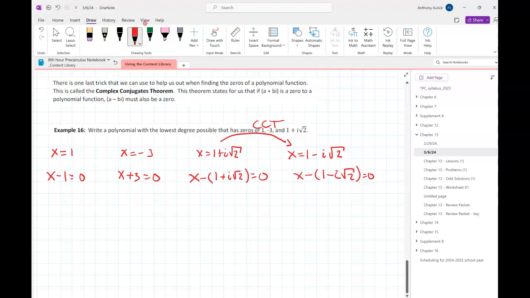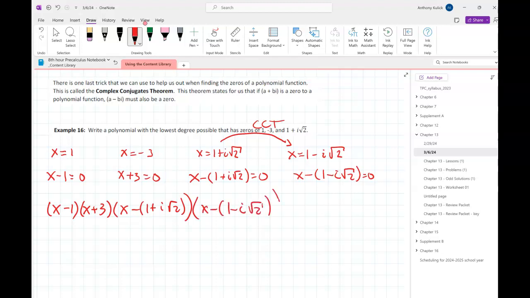But you see what I did though, right? Okay. Now I'm going to just multiply all 4 of them together. Since they all are equal to 0, if I multiply them together, they're still going to equal 0, right? And I know that the product of polynomials is itself a polynomial, right?